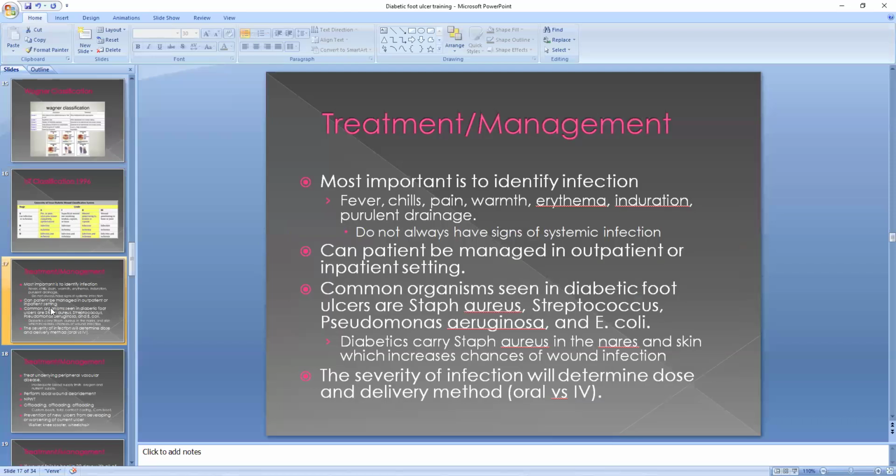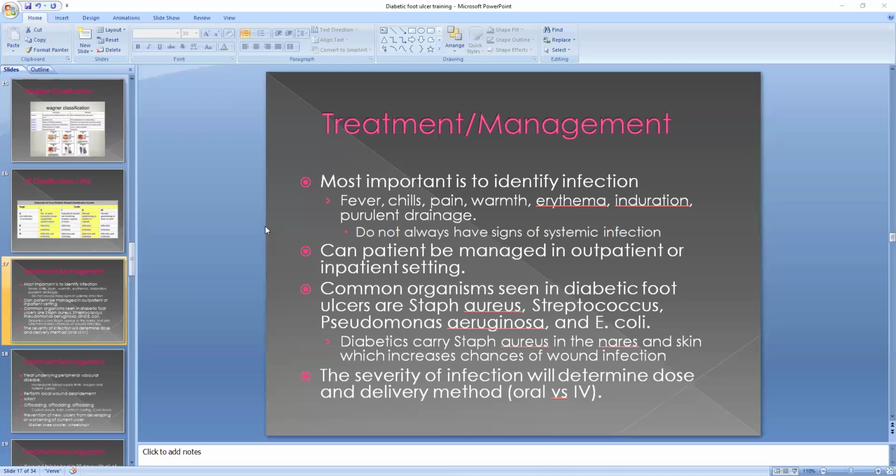So let's get back to treatment and management. It's most important to identify infection. Again, infection is the important thing. So you want to make sure there's no imminent or immediate infection to address.